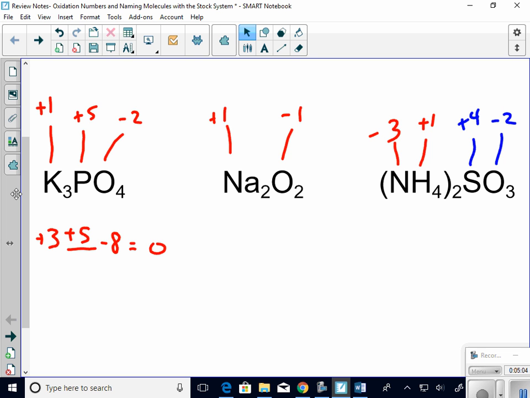Okay? Now, why did we do these oxidation numbers? Well, they are what help us out with the stock system of nomenclature. We've already done the stock system where we put Roman numerals with certain metals, correct?